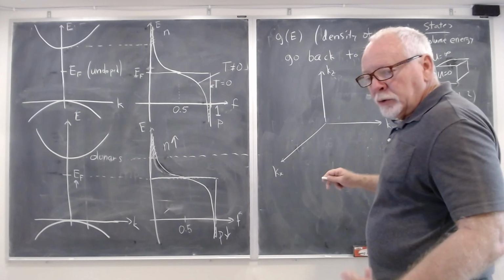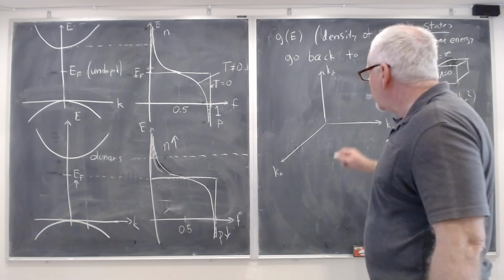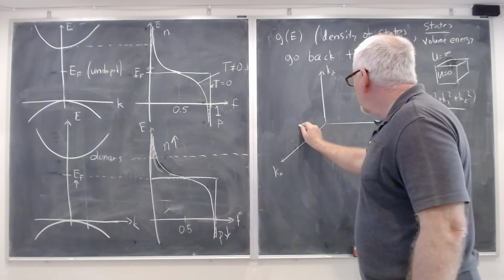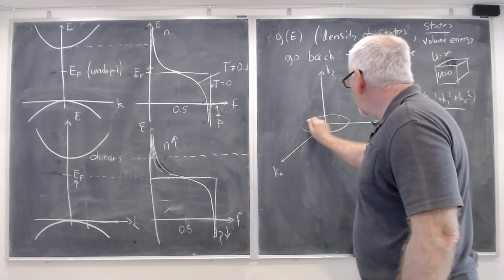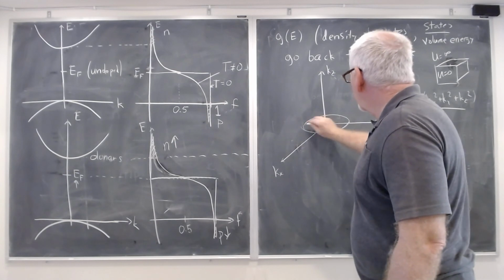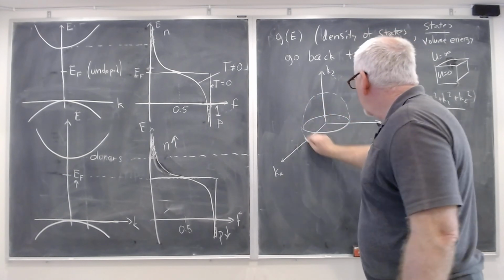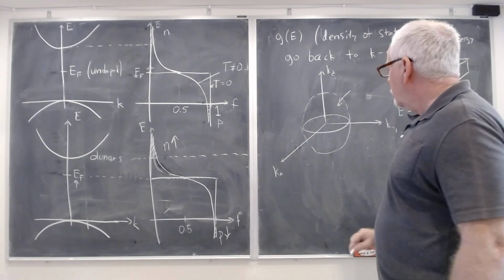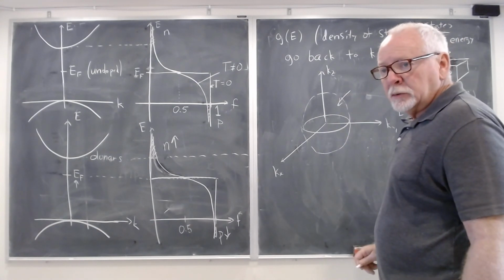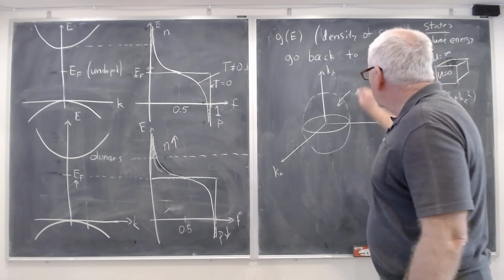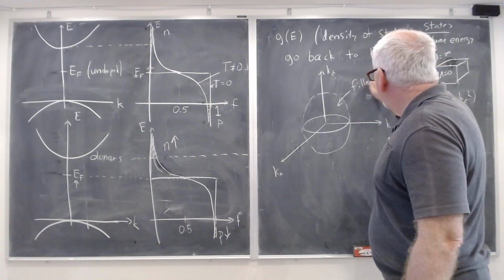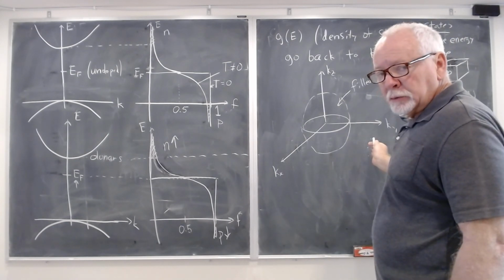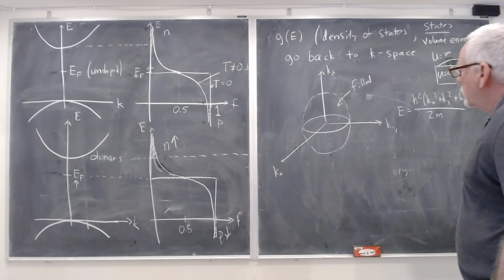So, remember when we covered this in that lecture, what that means is that when I draw K-space, inside of a sphere in K-space, those states are filled. And outside they're empty. All right.